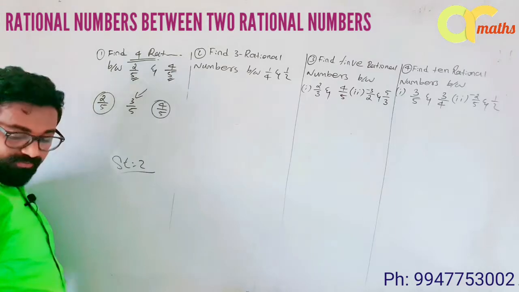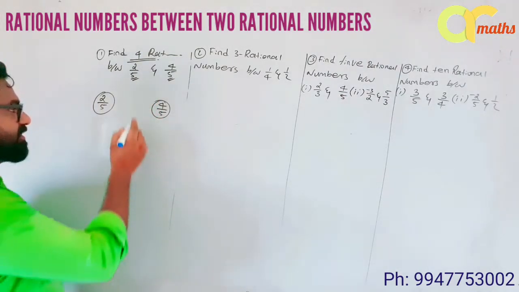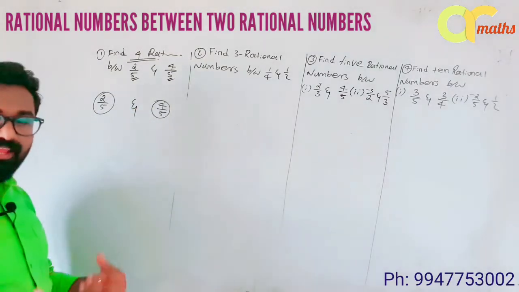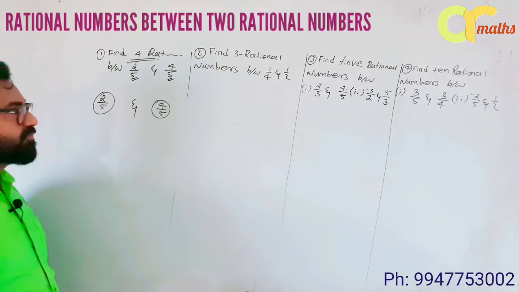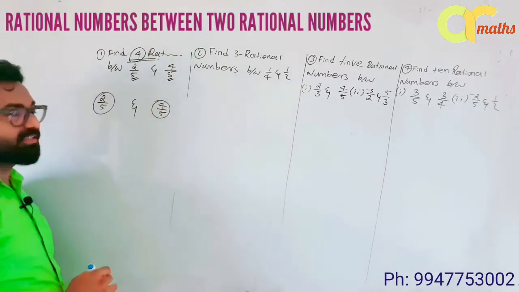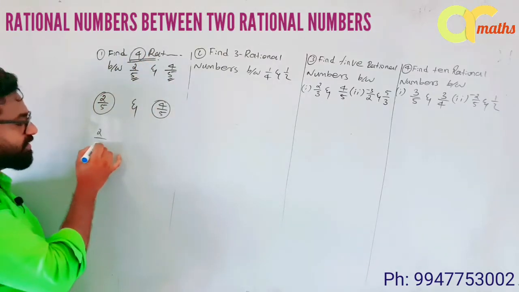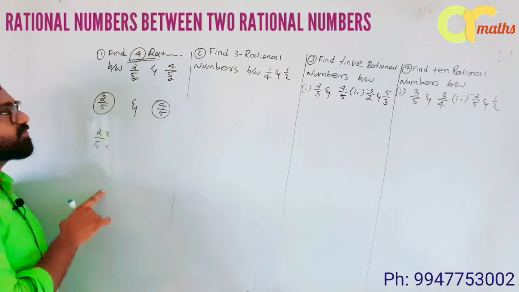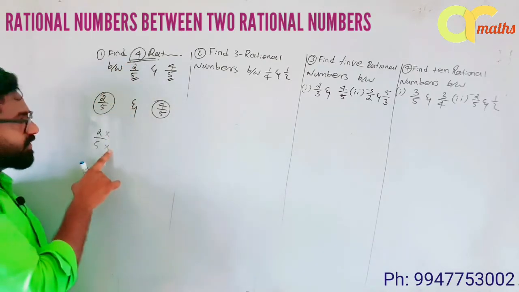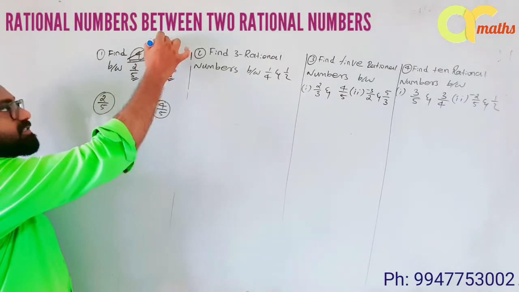So here we have to expand 2 by 5 and 4 by 5 by multiplying by a number. Here we have to find 4 rational numbers, so we multiply by the next number after 4.